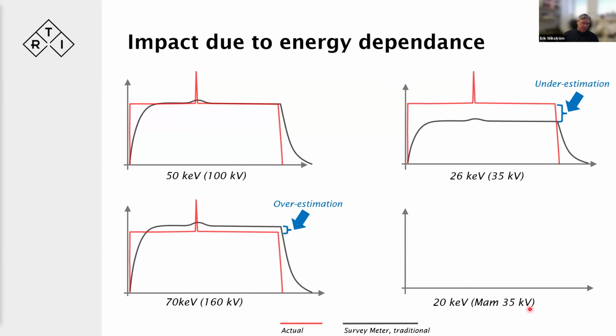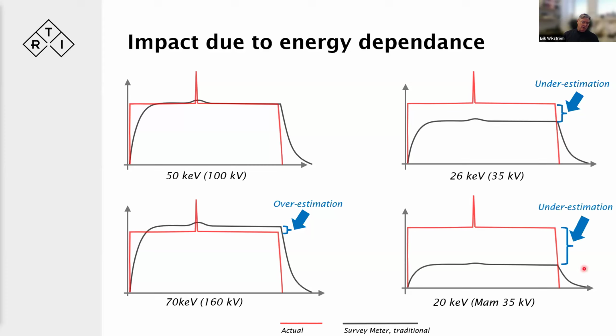And if we look at mammography, where it has been said, oh, we don't need to worry about mammography, we don't see anything, maybe that is because it underestimates the leakage in here.